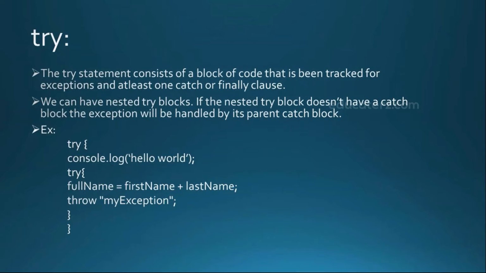Whatever exception is thrown in try will be caught by the catch block. The try block should contain at least one catch or finally block. If a nested try block doesn't have a catch block, it will be caught at the parent level.